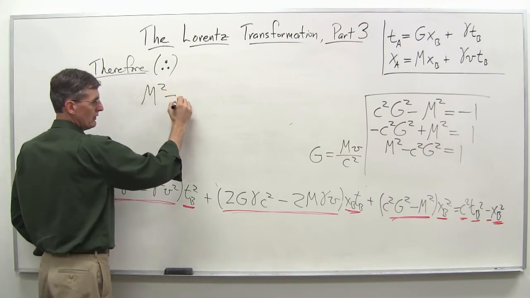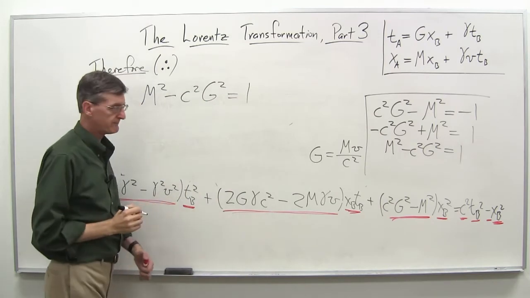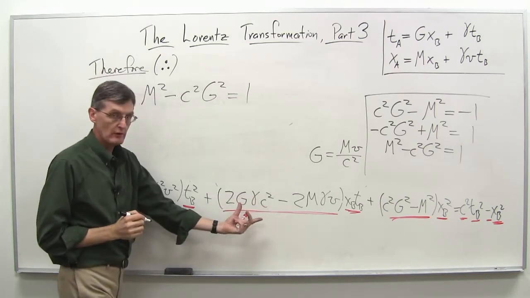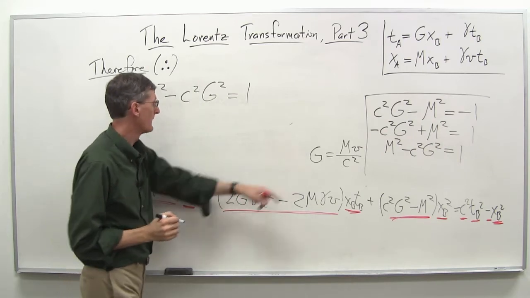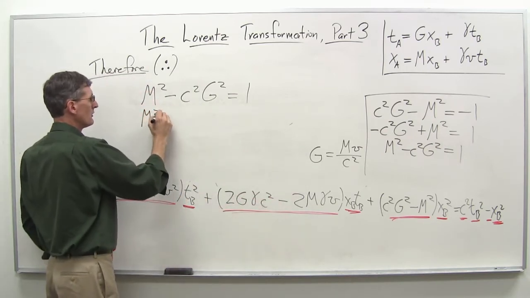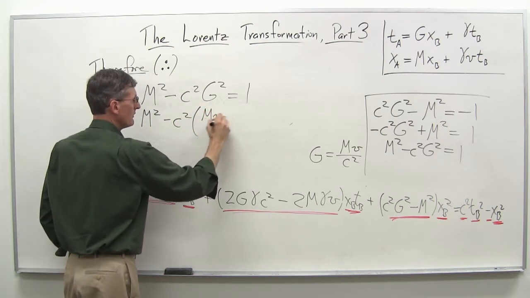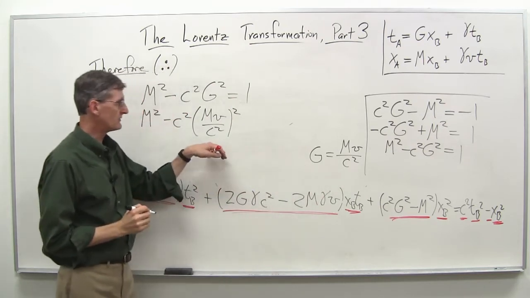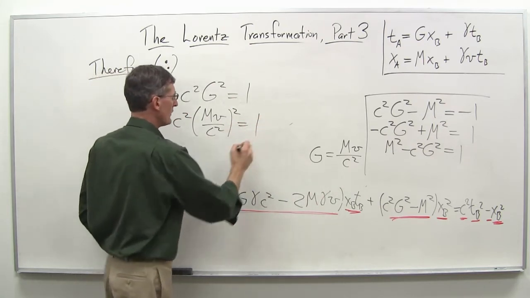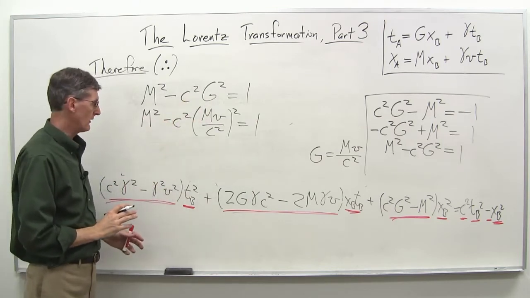We've got m squared minus c squared g squared equals 1. We know from our middle coefficient equals 0 that this has to be true. So this is m squared minus c squared times mv over c squared, because I got a g squared here, equals 1. And now we're getting someplace, because all we've got left is m and v and c in there.